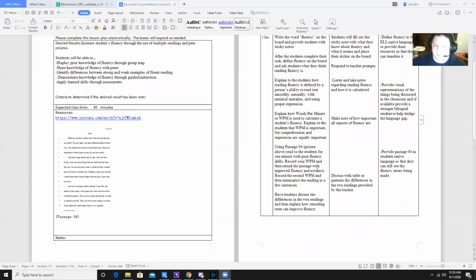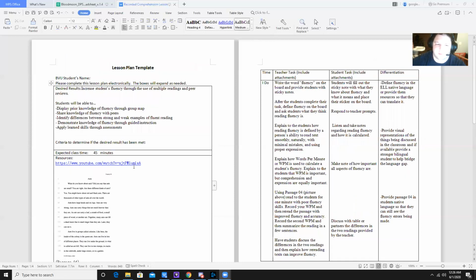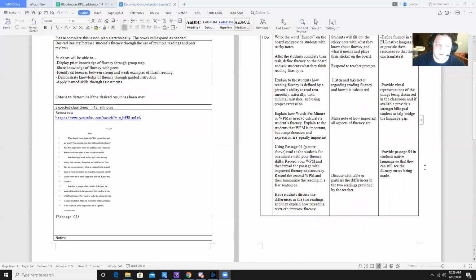And then this is where I talked about that passage up top. So I would read this passage right here with poor fluency, and then record my words per minute, and then reread the passage with improved fluency and accuracy, and then record that second one, and then summarize it in a few sentences.